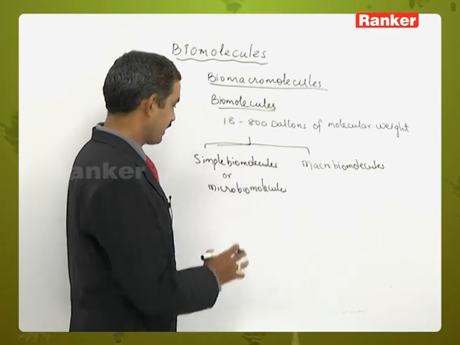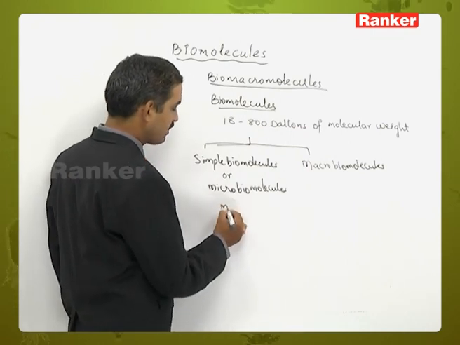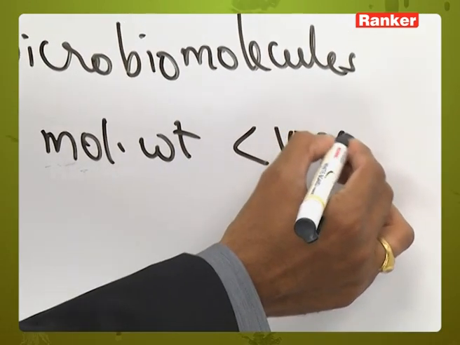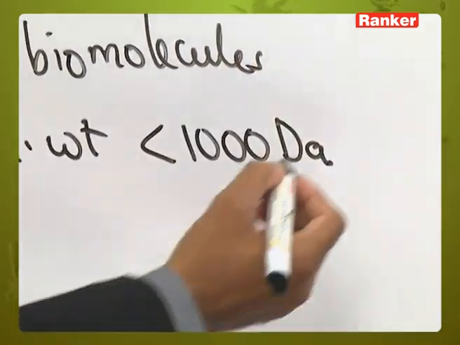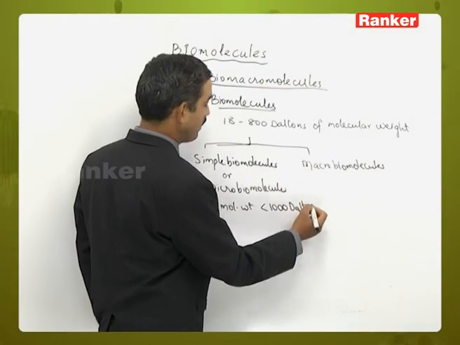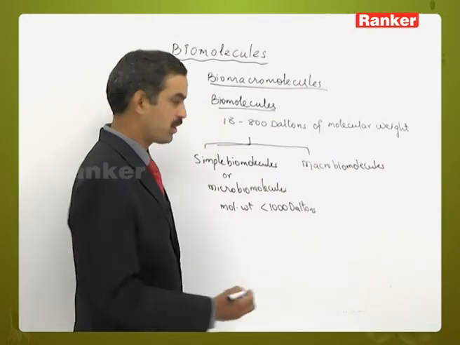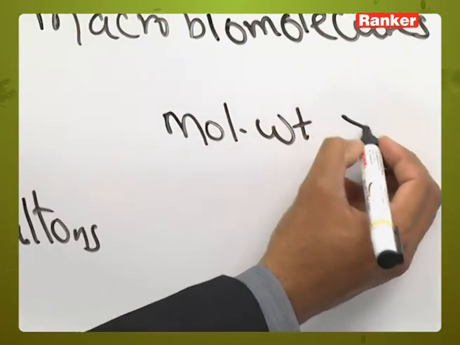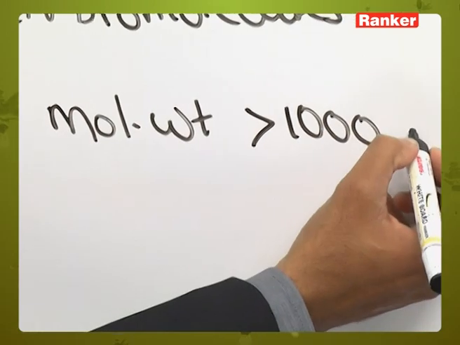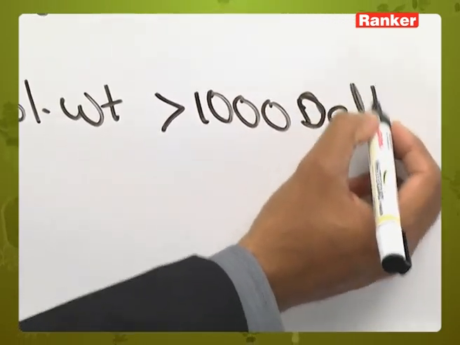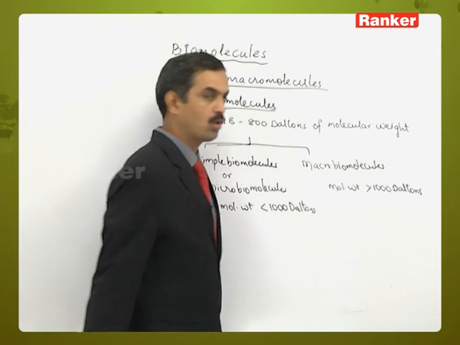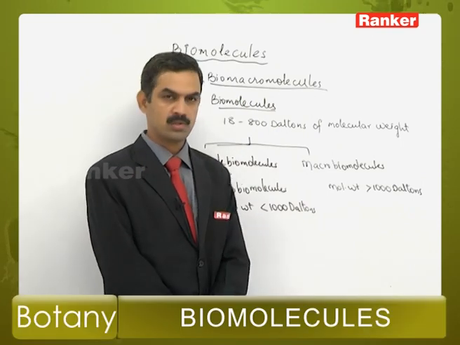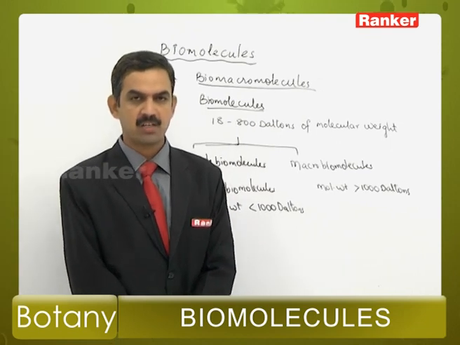So, simply to say, the ones which contain a molecular weight less than 1000 Daltons, those are called simple or microbiomolecules, whereas the ones which contain a molecular weight more than 1000 Daltons, those are called macrobiomolecules or biomacromolecules. So, likewise this type of division can be seen.